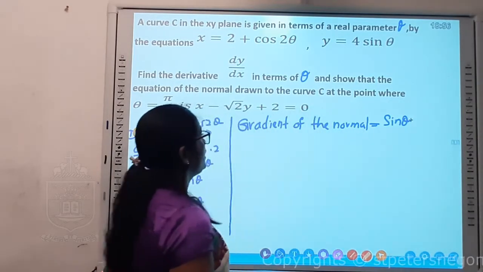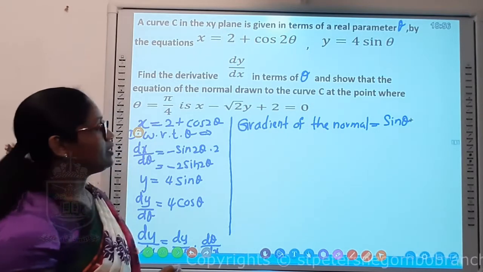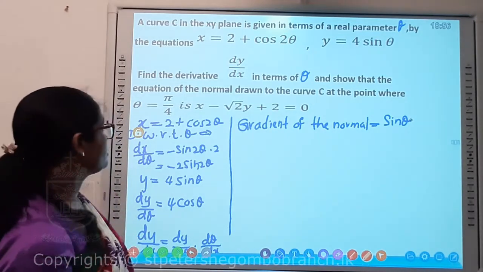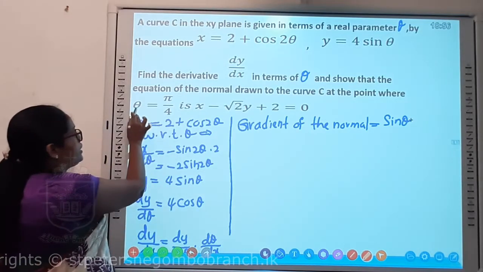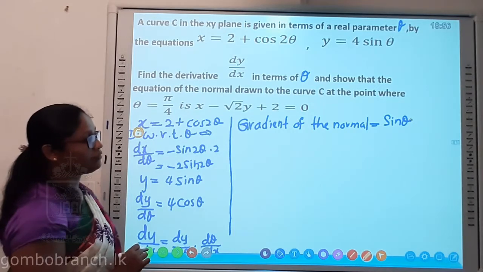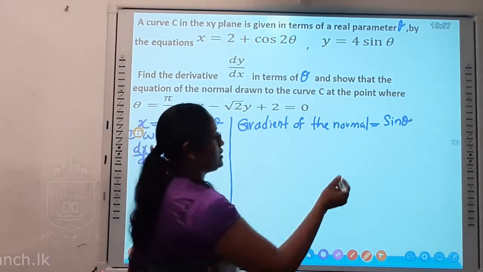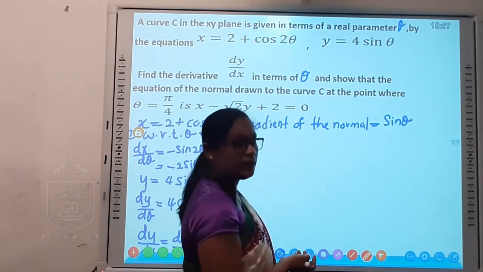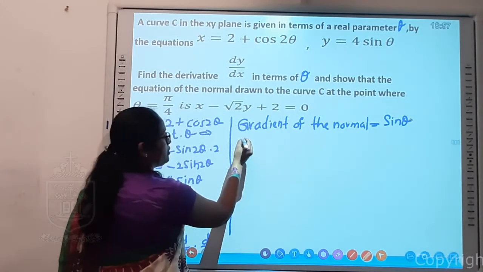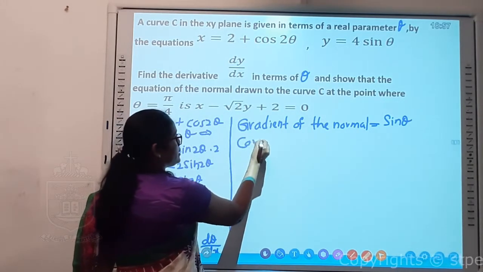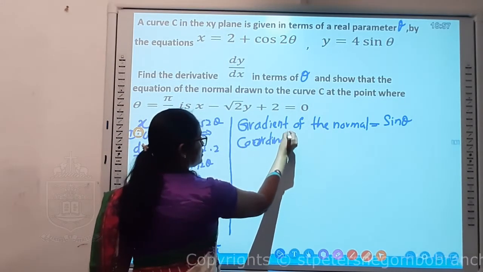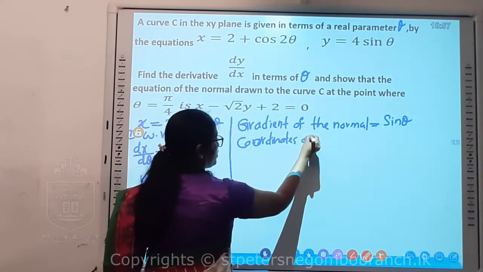This is sin theta, and also to derive the equation of the normal we should have a point. So the respective point here given, theta is equal to pi by 4, right? By replacing pi by 4 we can find the gradient, and also we should have a point, the respective point. So we will write the coordinates of the point.